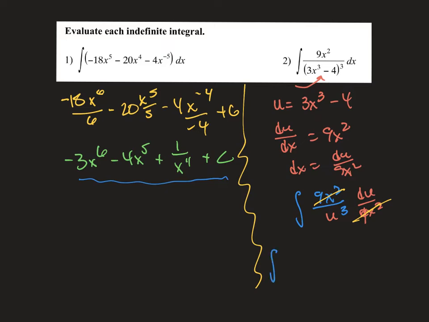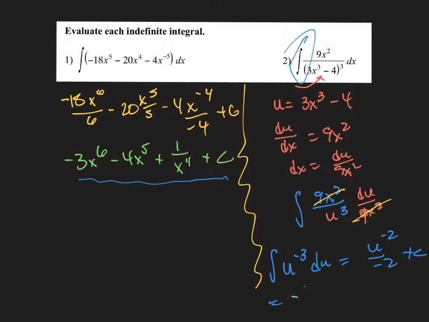So I have this new indefinite integral of 1 over u cubed. I'm going to write that as u to the negative 3 so I can do my power rule. And that's going to be u to the negative 2 over negative 2 plus c. And then for indefinite integrals, right, we don't have the little numbers, we put u back in for our final answer. So this is going to end up equaling, I'll put it in green like the other one.